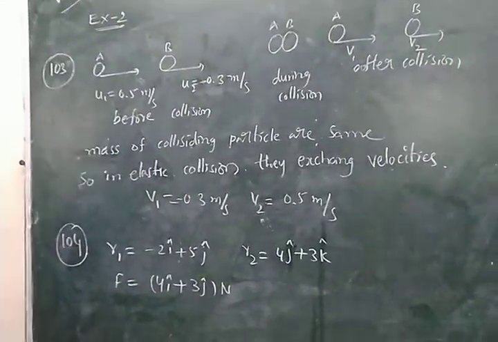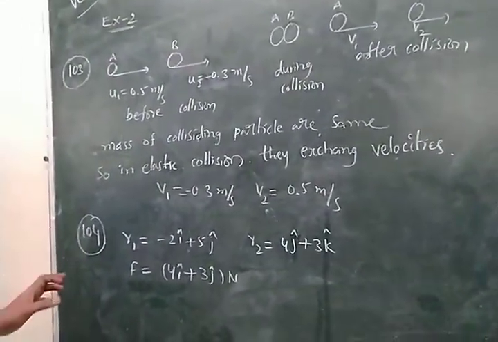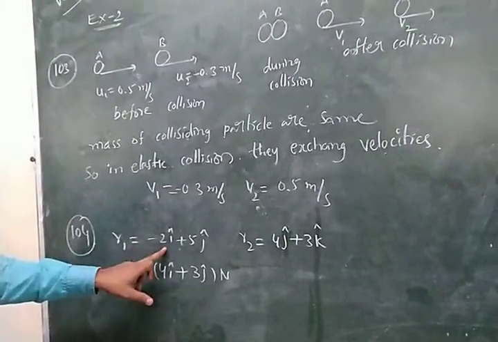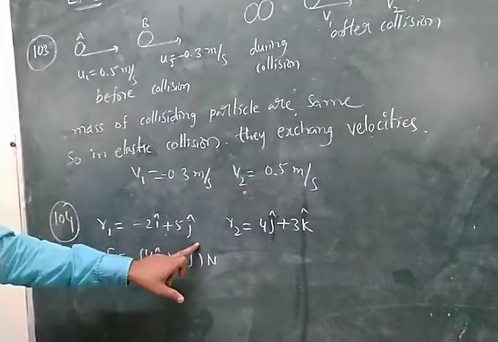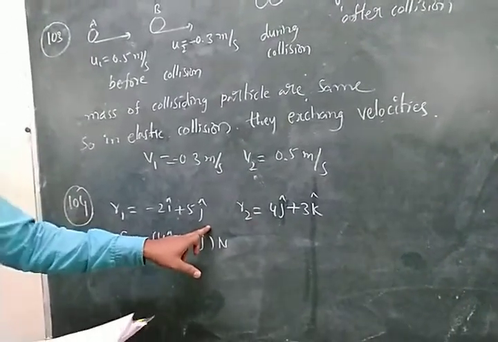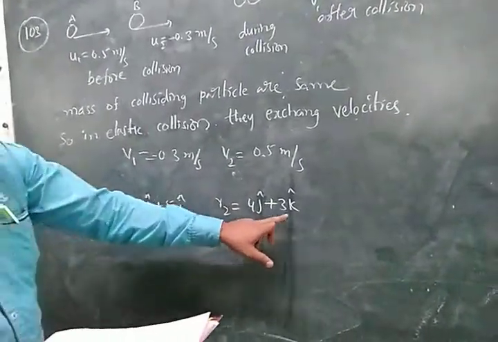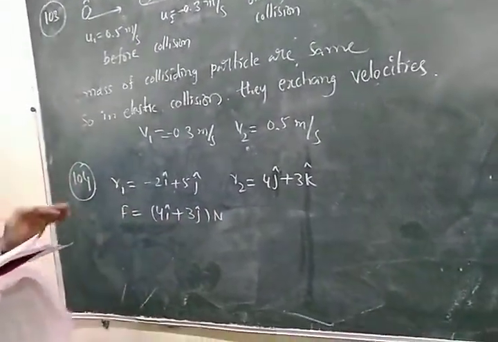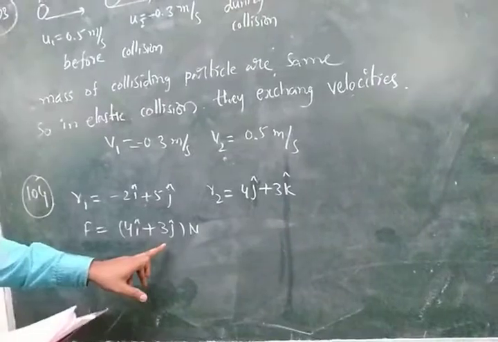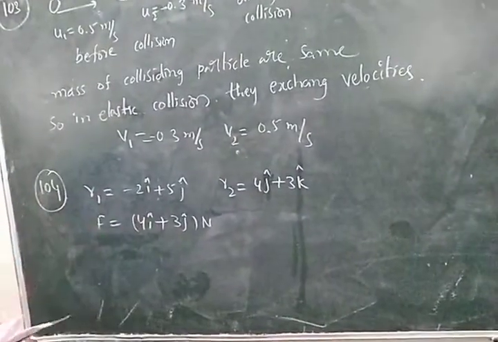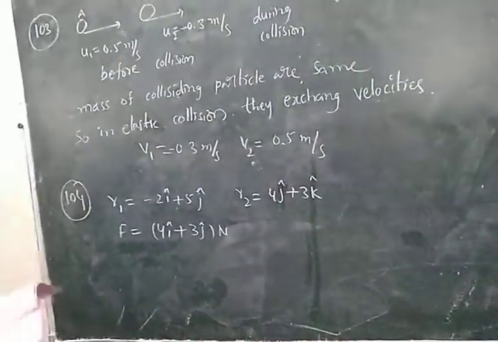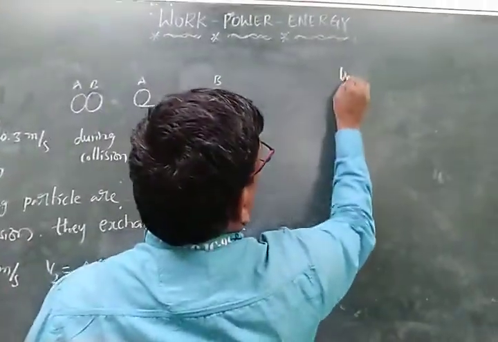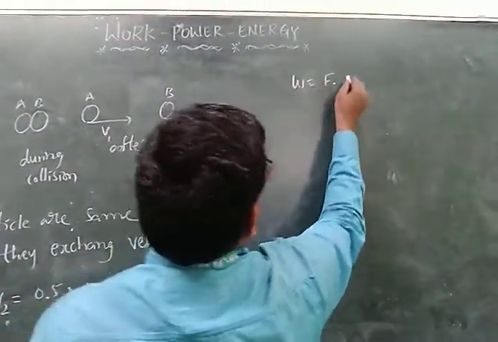Next, 104. A particle moves from the point with position r1 equal to minus 2i cap plus 5j cap, to r2 equal to 4j cap plus 3k cap. When a force of 4i cap plus 3j cap Newton is applied, how much work has been done by the force? What is the formula? Work is equal to force dot displacement.